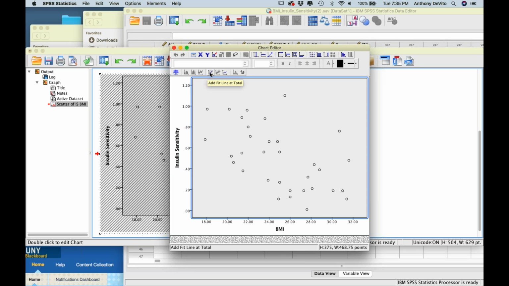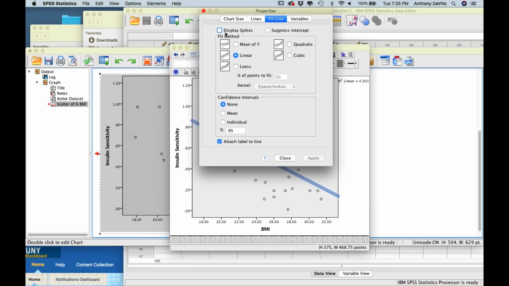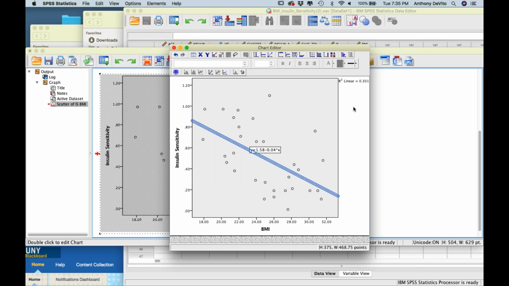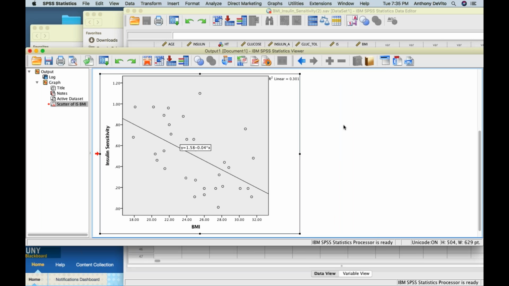I can add markers. This one is add a fit line. It says fit line at total. Don't worry about the add total, but add a fit line. That fit line is our correlation line. I'm going to click on that, and it already says attach label to line, and it's already set up to do this. In fact, it already did it in the background. If I close this window now, it'll put it on our graph as well.